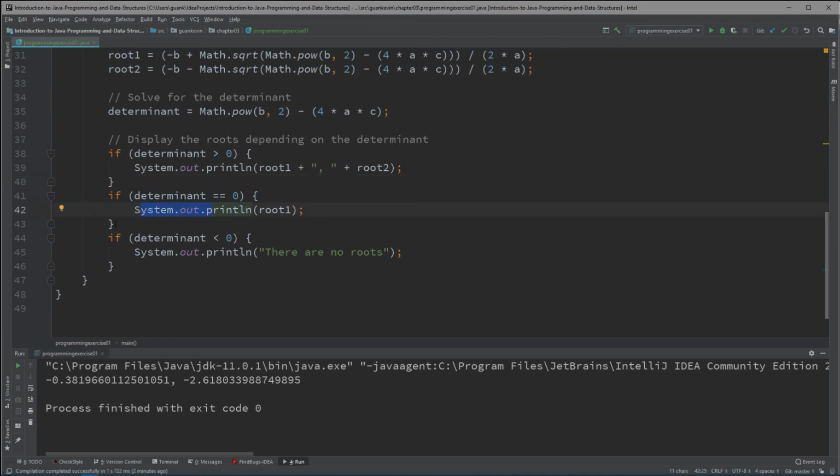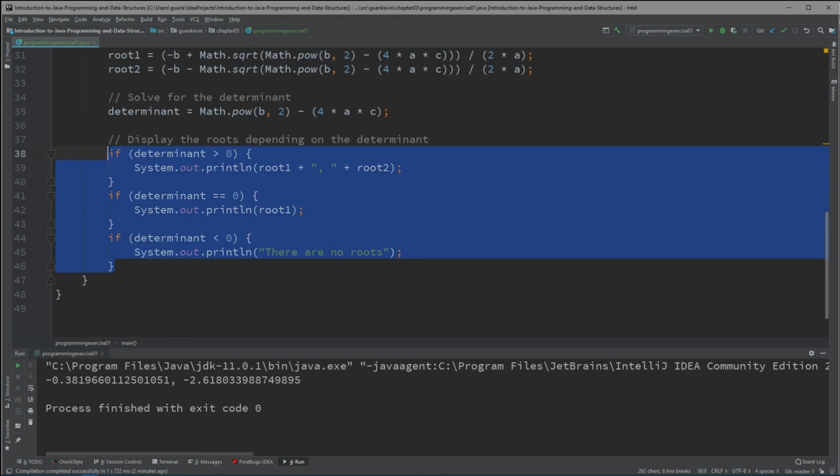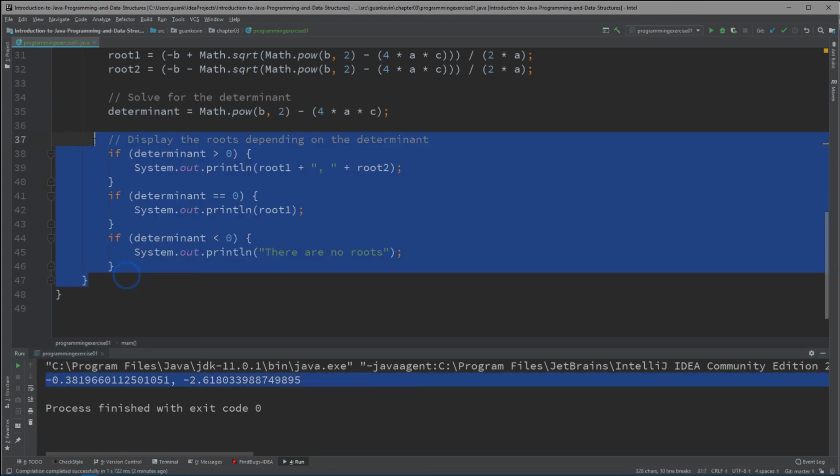If this is false, jump after this curly brace to continue on to the next code. If determinant is less than 0, if it's true, display. If false, don't display. So there are other cases that could happen. If none of this is true, then nothing will display. If all of this is true, then all of this will be printed out.